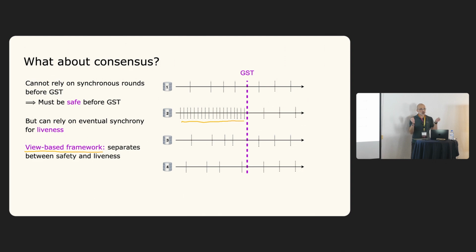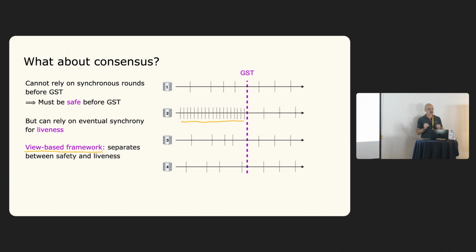Views are going to be coarse-grained as compared to rounds. Remember that in a round-based system, we synchronize on every message being sent, right? So this is a round. In a view-based system, we don't do this. We let protocols run at wire speed, if you want.